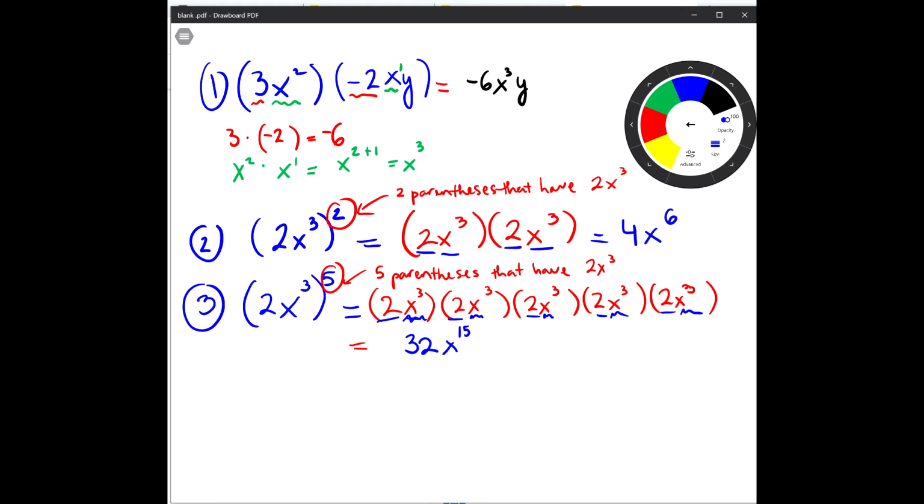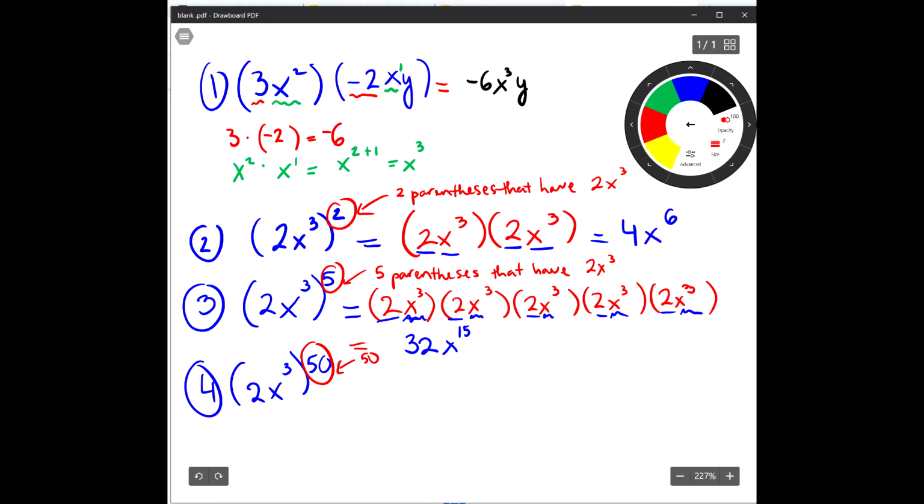So what if we have 2x cubed raised to not 5 but 50? We're not gonna write down all of them, right? We know for sure this one means we have 50 parentheses that have 2x to the third in each, but we're not gonna write out 50 of them.